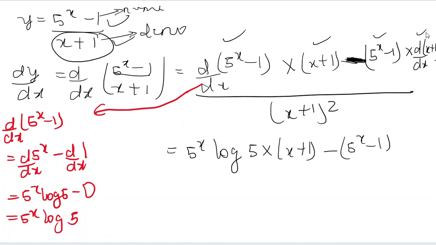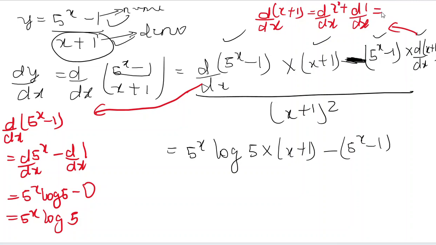Then what will happen is, derivative of this x plus 1 I find. So I take this derivative inside, x, and I find derivative of 1. The derivative of x, whenever there's no number, it's understood that it's x to the power 1. So the number will be 1, x raised to 1 minus 1, and this answer is 0.